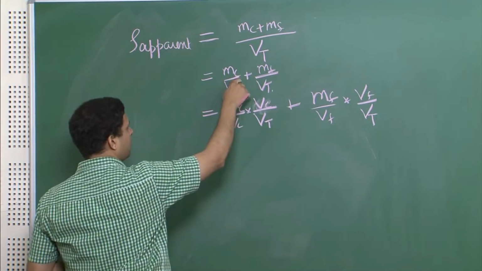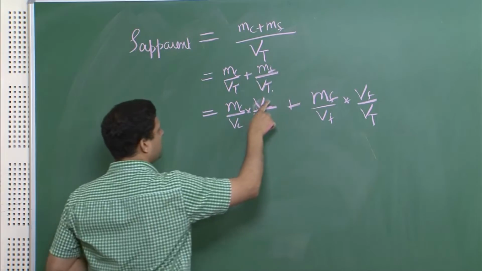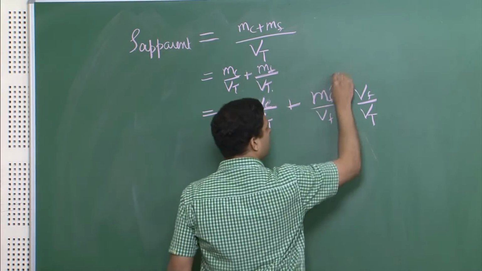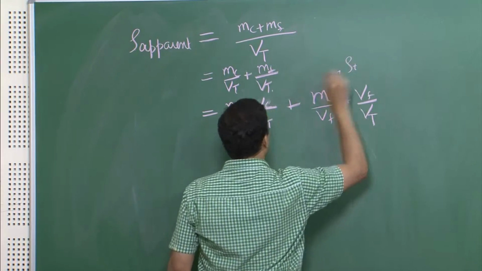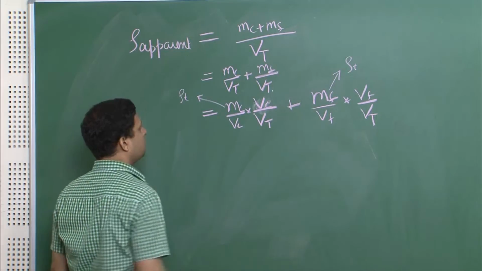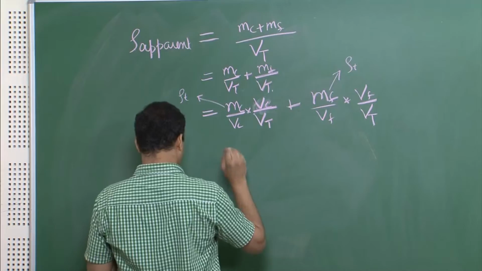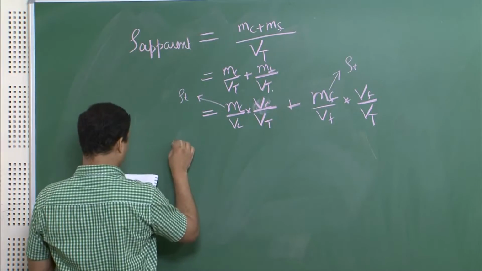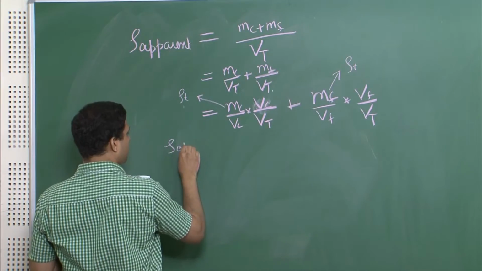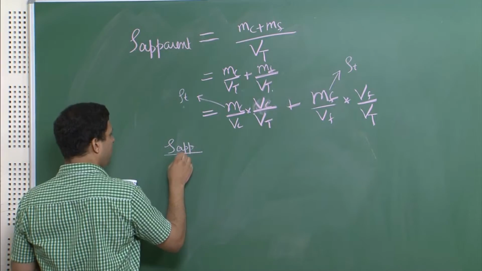So we have just multiplied this one by Vc by Vc, and this one by Vf by Vf. So MF by Vf, we know what it is, rho true. MC by Vc, we know what it is, rho true, and Vc by Vt, we will let it be like this for now. So we have rho true in both of them, and I have shortened from apparent to APP, or we will even make it rho A.